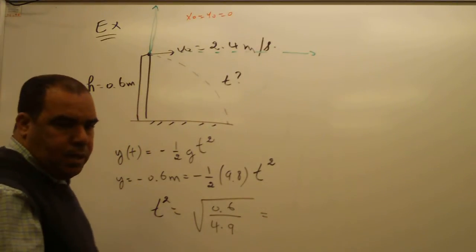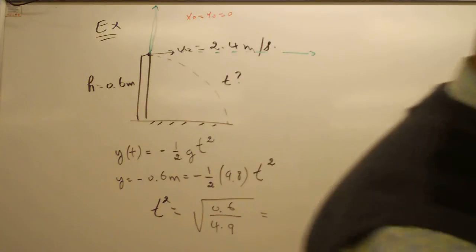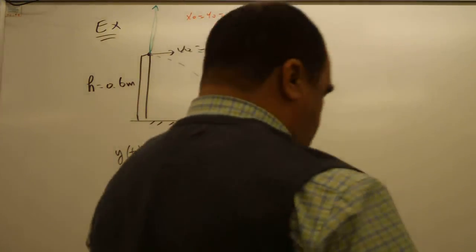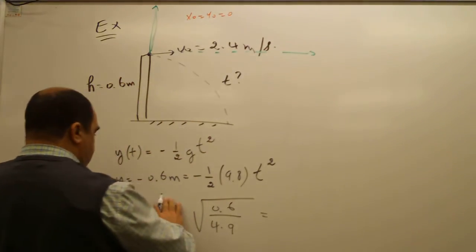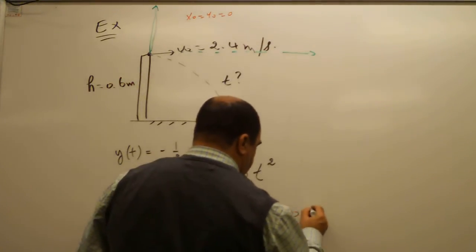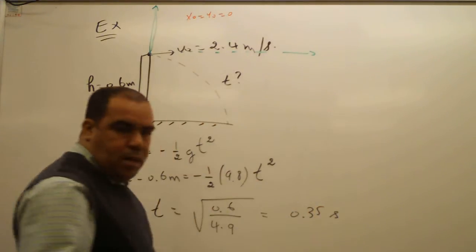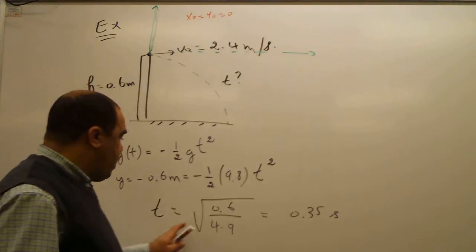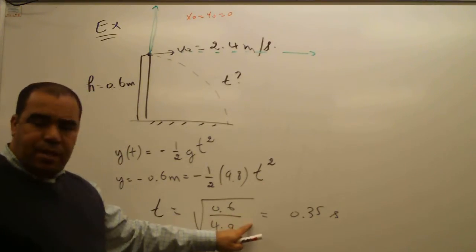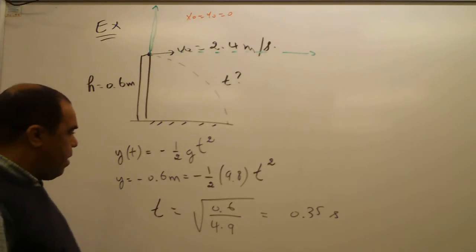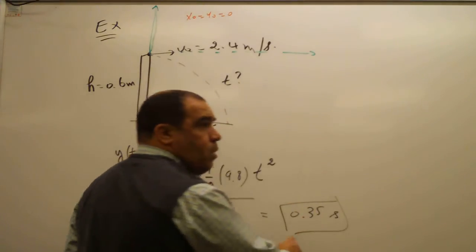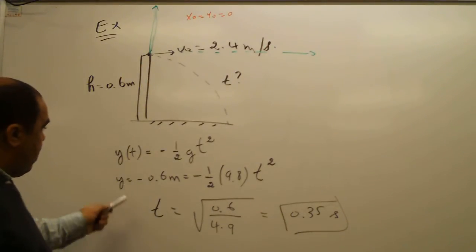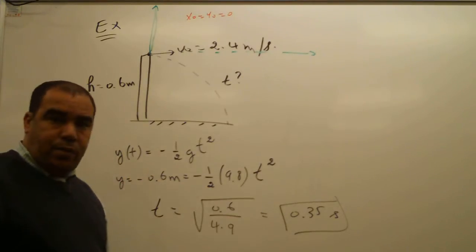This will give you a value for t of 0.35 seconds. Notice that since you have t squared, we expect two values. We always dismiss the negative value, it is not physically meaningful. So this is the answer to our question, what is the time required for this particle to hit the ground? The y component will give you that answer.